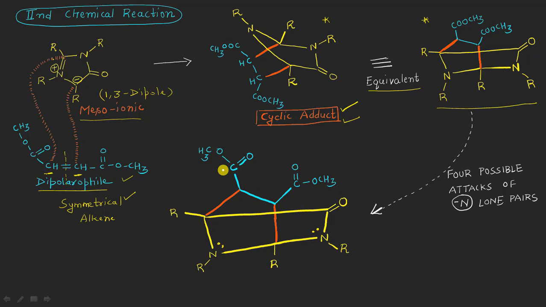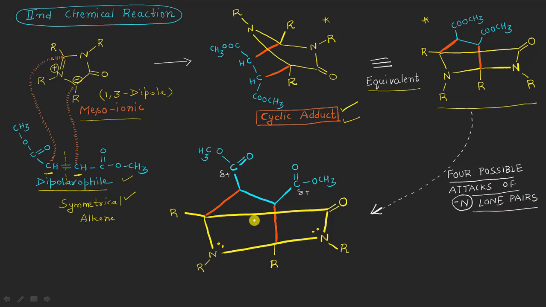So we can say here that there are two electrophilic sites present. The first one is this carbonyl carbon and the second one is this carbonyl carbon here, because they are attached to two different oxygen atoms, you can see here, right? So now we have two nucleophilic sites, we have two electrophilic sites. So there are four possible attacks of the nitrogen lone pairs, right?